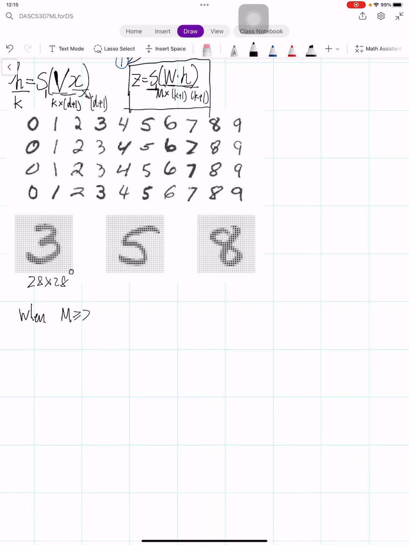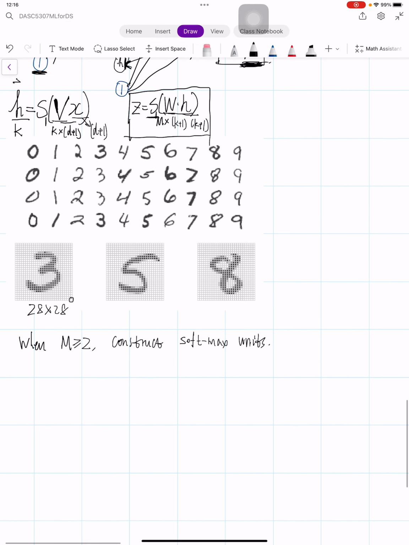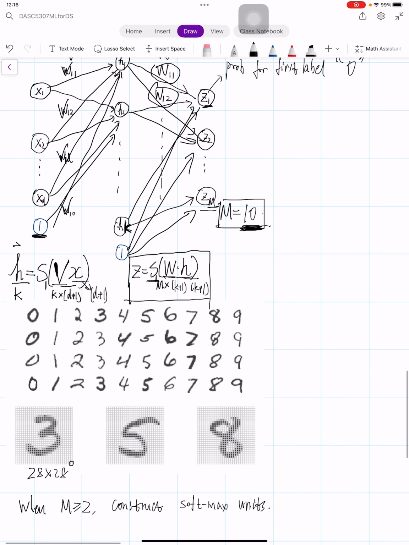When m is greater than or equal to 2, we can construct softmax units. For example, if we do the regression, the final layer output will be W times H, right?